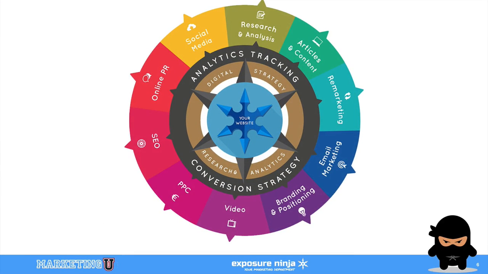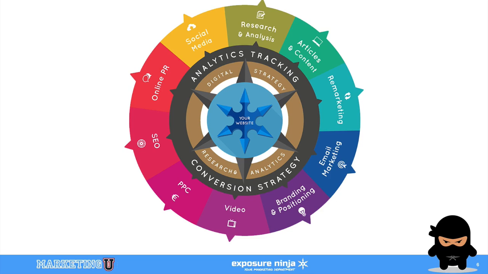So before we get started, this is the Exposure Ninja Marketing Circle. Now you'll notice that around the outside we have various different traffic and positioning sources. At the center of the circle is your website, and it's at the center for a reason. It doesn't matter how effective all of your traffic and strategy is. If your site sucks at turning visitors into customers, the whole thing is pointless, right?